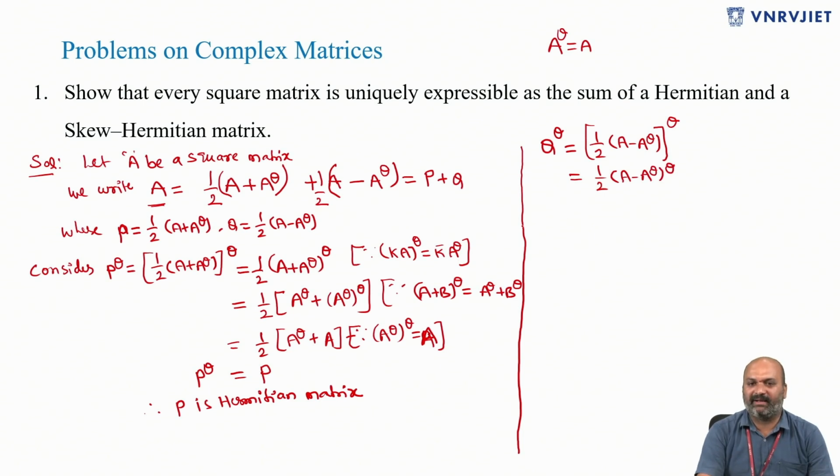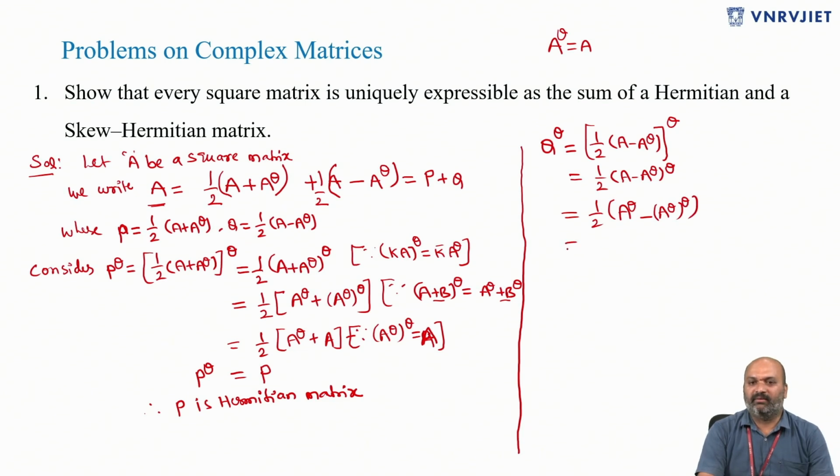I used the same property here. Next, I am using the same property, (A plus or minus B) power theta equals A theta plus or minus B theta. Here, it is A theta minus (A theta) power theta.